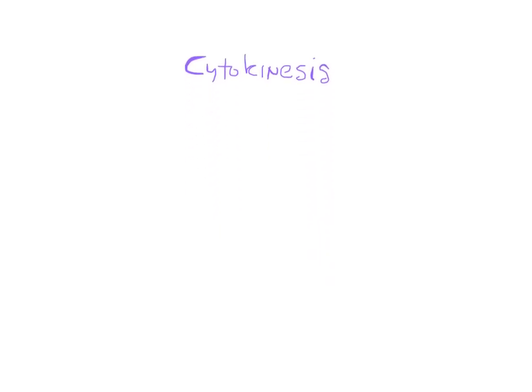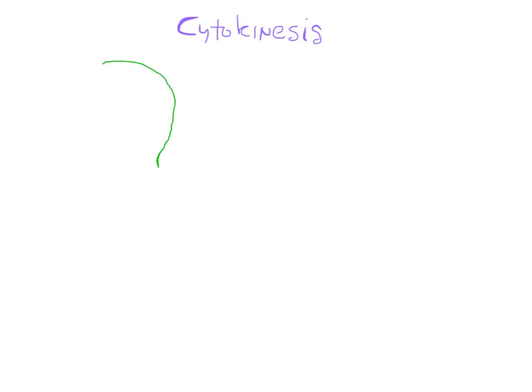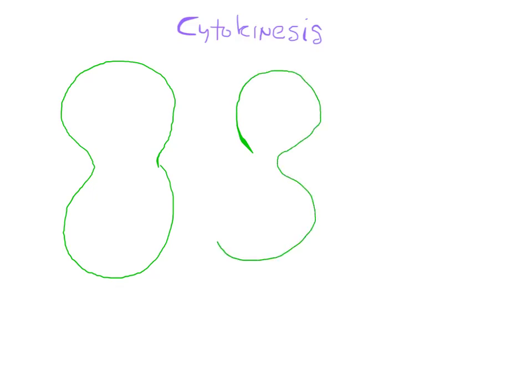Here we'll discuss cytokinesis, which is the actual division of the cytoplasm. Basically, the cell continues to pinch inwards, and over a rather short period of time, two new cells would form like that.